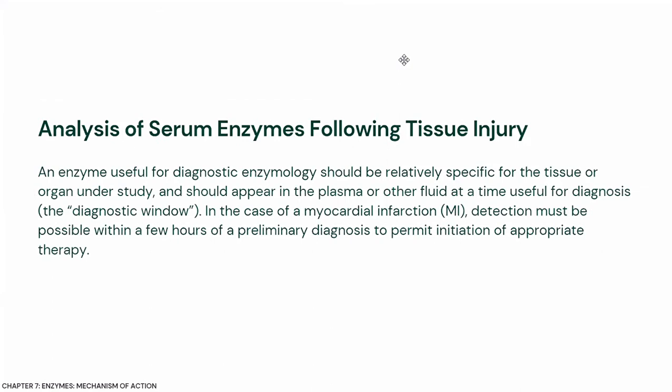So, analysis of serum enzymes following tissue injury. You will be asking, how come an enzyme goes into the blood? Now in the blood plasma, there are two kinds of enzymes.